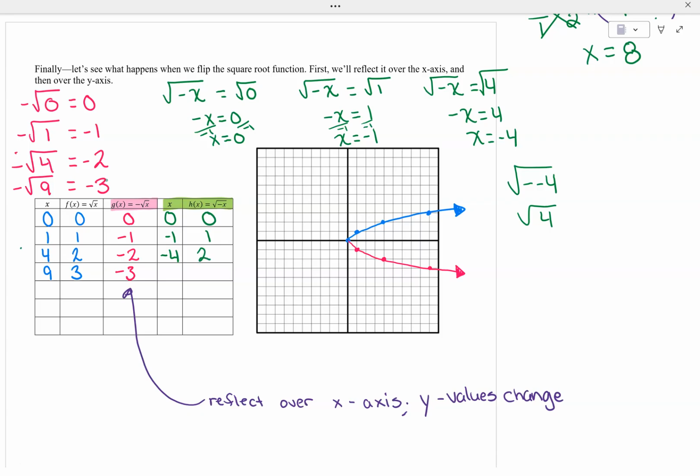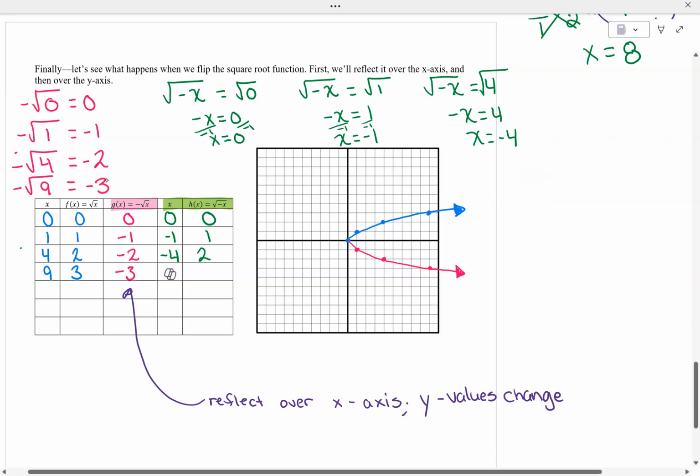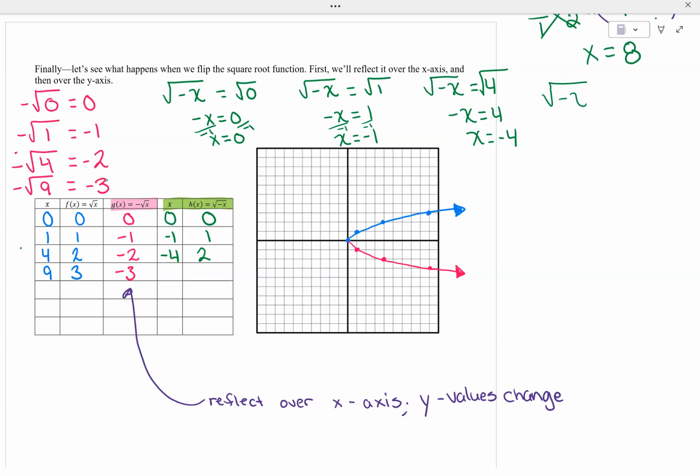The square root of 4 is 2. Okay, last one. Negative x has to be the square root of 9. Again, negative x equals 9. Whichever way you want to look at it, x would have to be a negative 9. So the square root of a negative negative 9. Two negatives make a positive. Square root of 9 is 3.